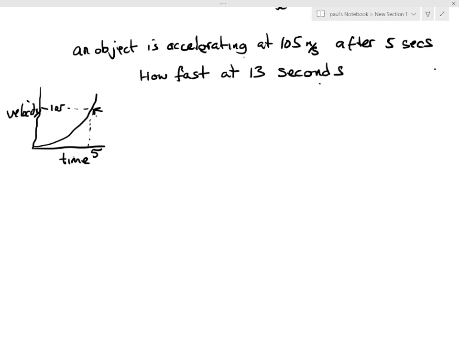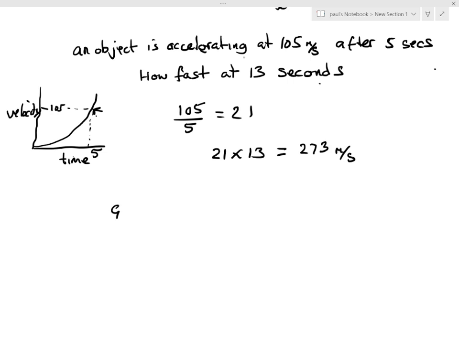This is very easy, this one, because we've only got two numbers to play with. So you go 105 divided by 5, so you're dividing this up, which is 21, and then you go 21 times 13. So it will be going at 273 meters per second.